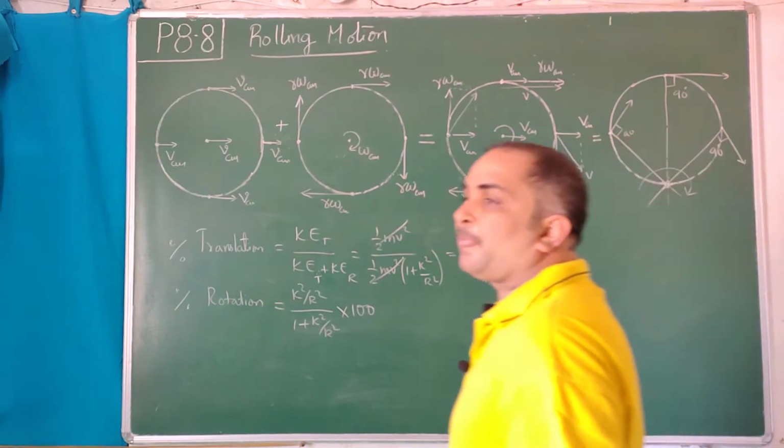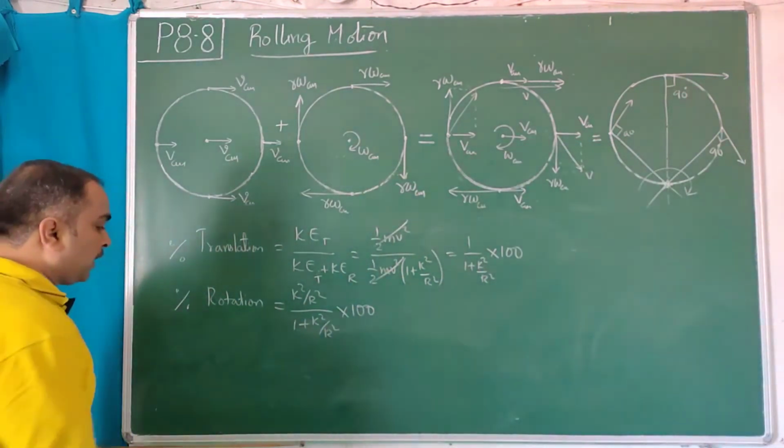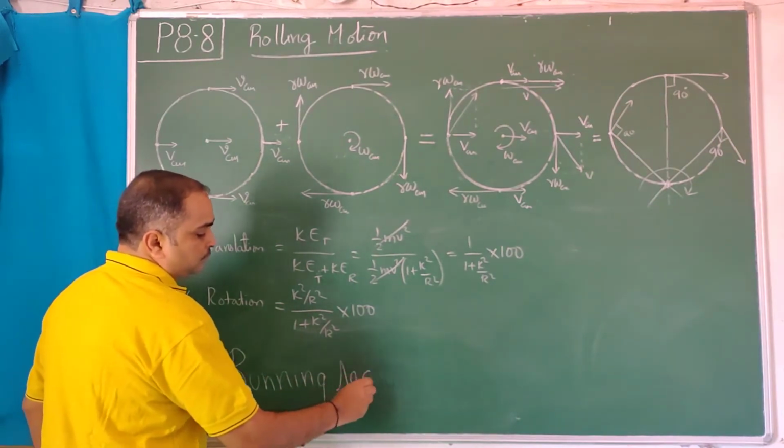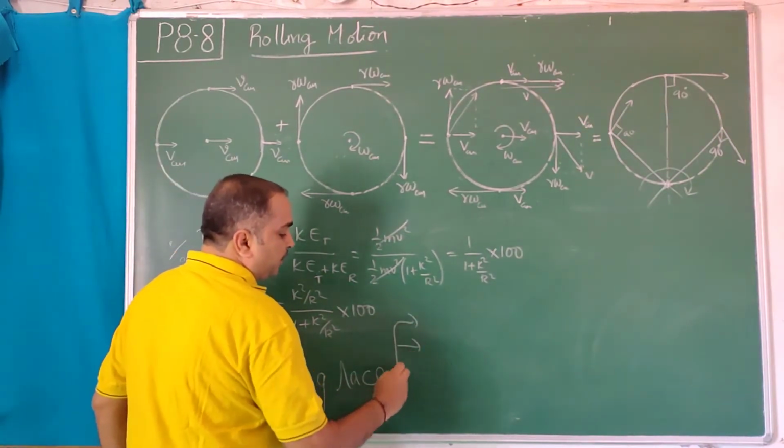Sometimes they ask this question called running race. In a running race they will keep, say, 4 objects.